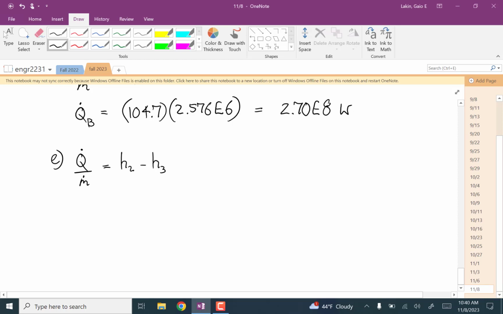So that's the opposite of the first law sign convention. So we have Q C dot over m dot is equal to, I don't even have to do this because I already read this off. I'm doing something I don't need to do there.